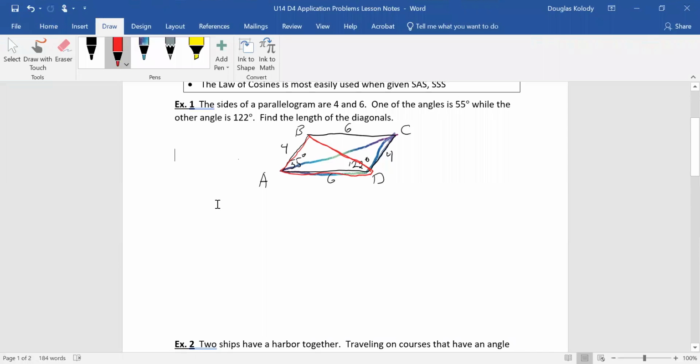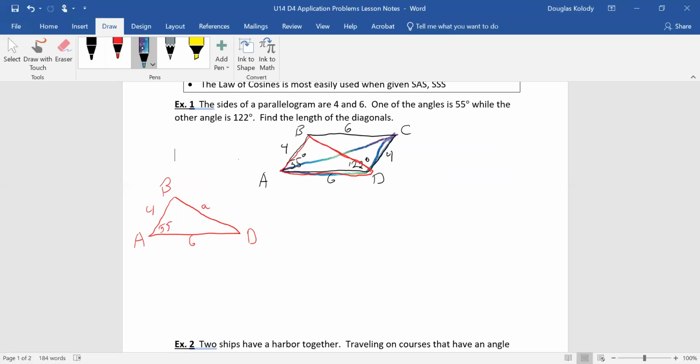So let's write this first triangle right there. This is angle A, B, D, and this is a 6, this is a 4, and that's 55 degrees right there. And I guess we're trying to find side a.